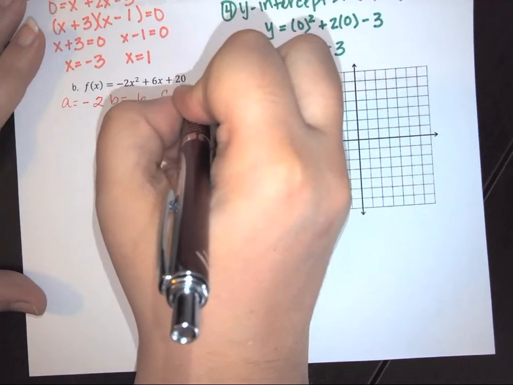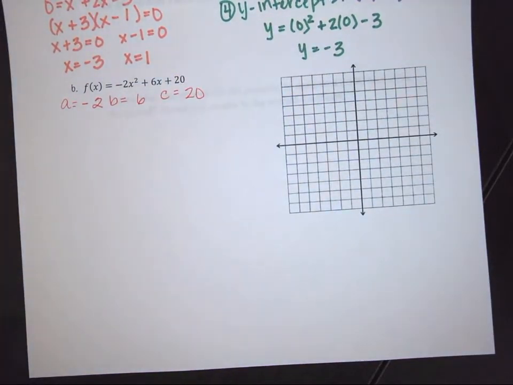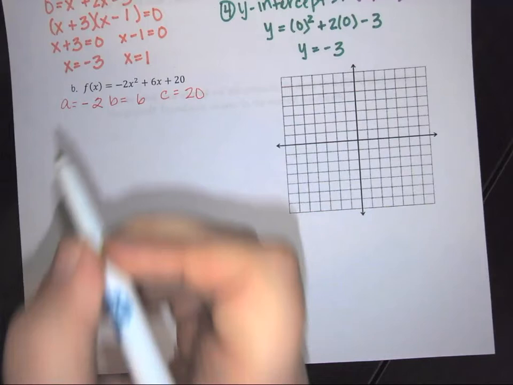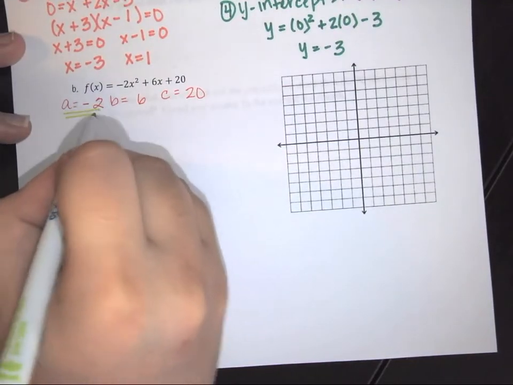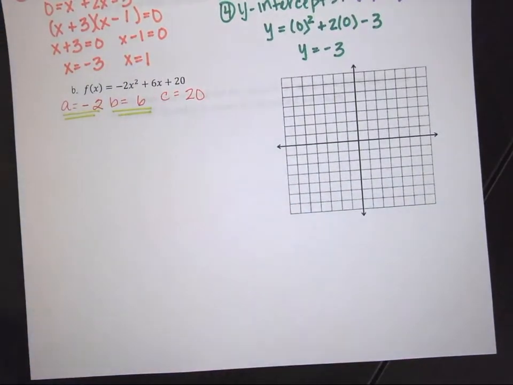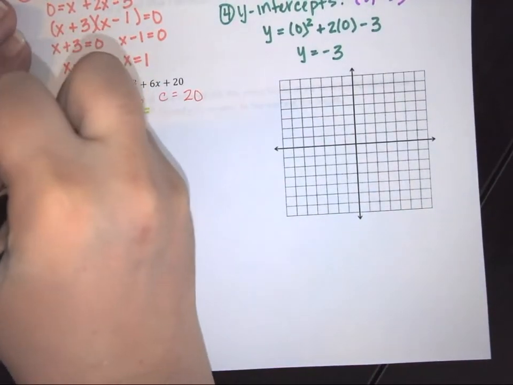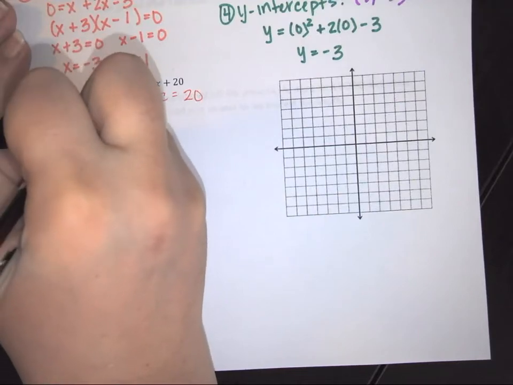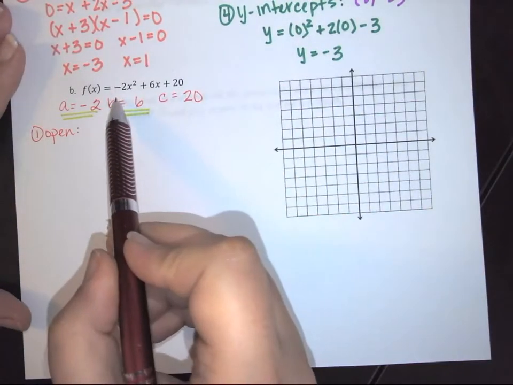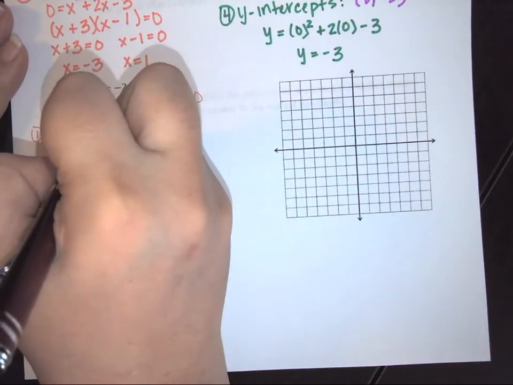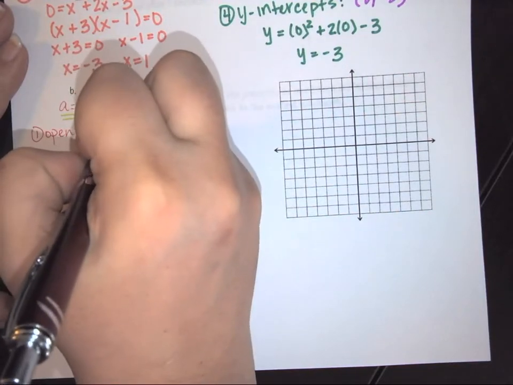And my c is 20. Remember again, the most important pieces we need are these first two pieces, the A and the B. C is just kind of along for the ride. So I need to look at how does it open. Well, here my A term is negative, means I'm going to open down.